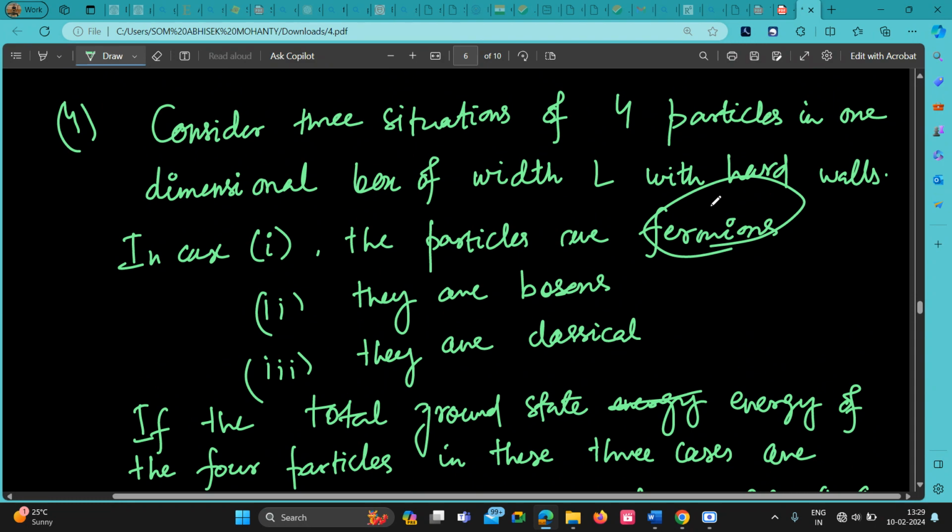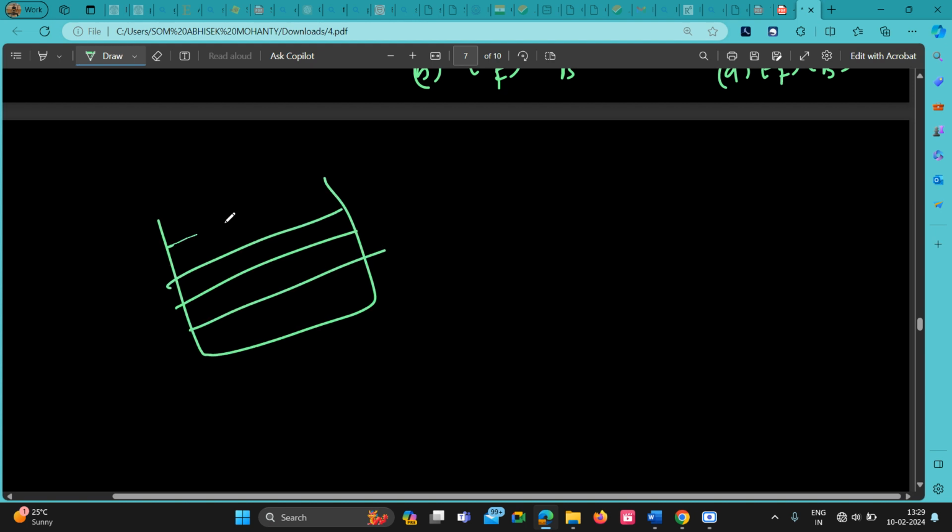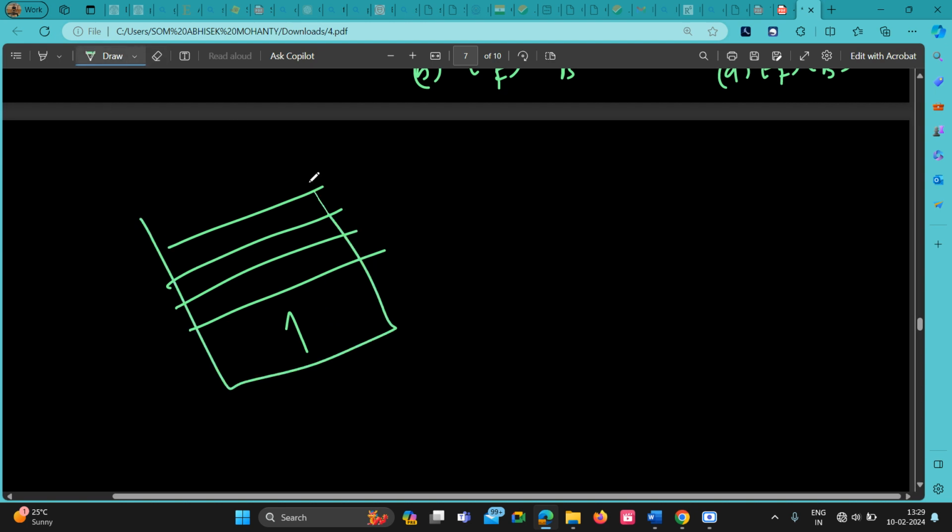For fermions, in one state there cannot be two fermions together, so only one fermion will be in each state: one here, one here, one here, one here. So four states.